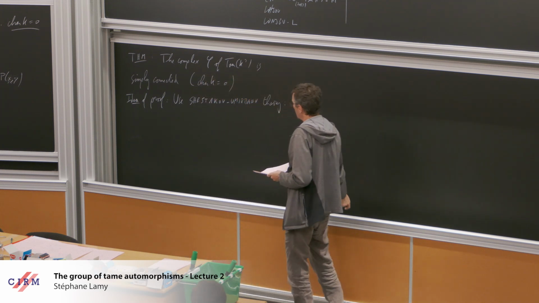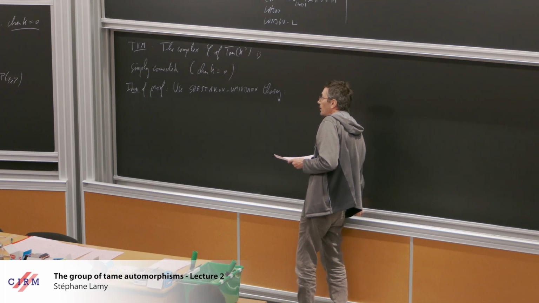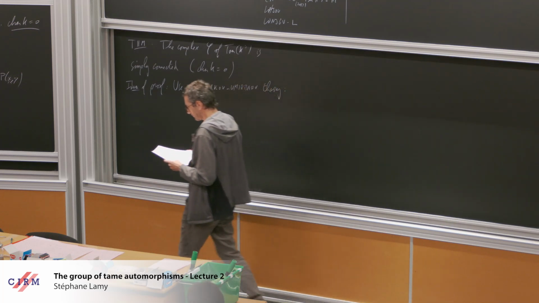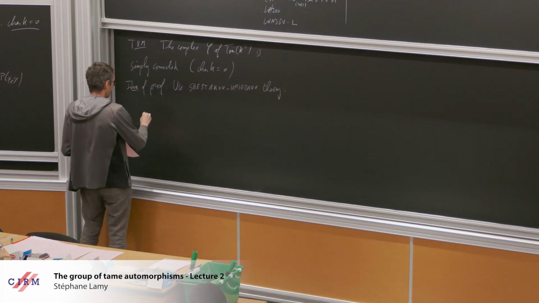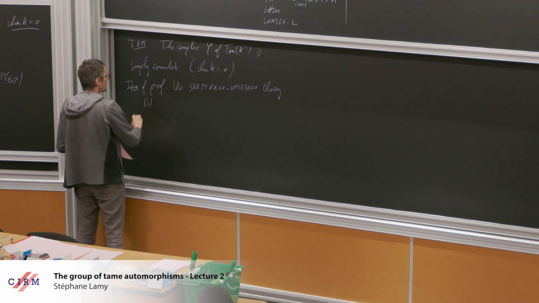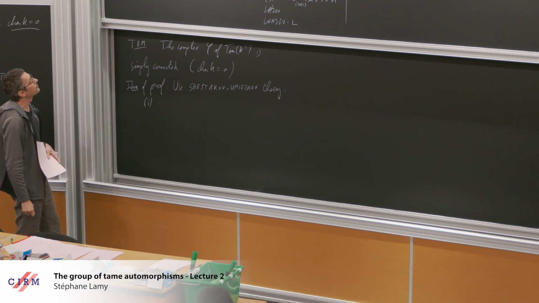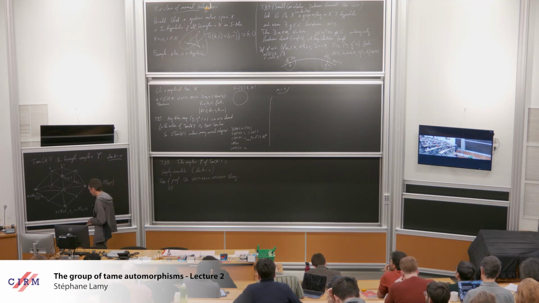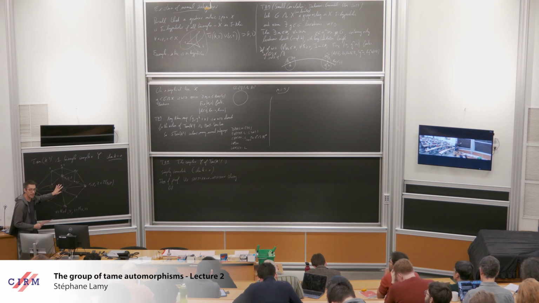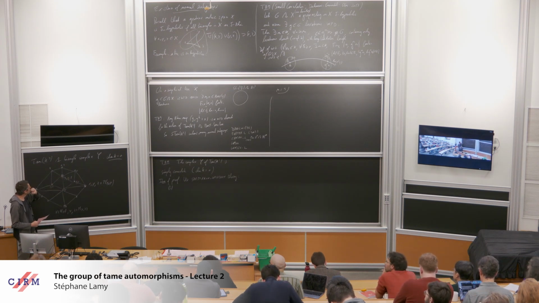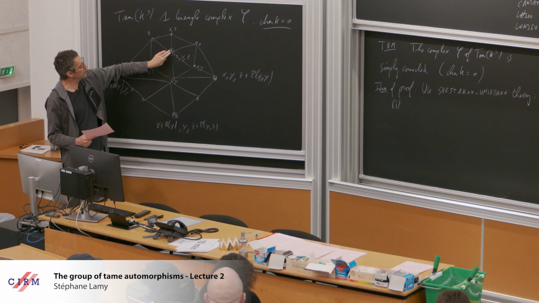Okay, so what do they prove is that, so first, you can prove that when you have a two-dimensional graph like that, a two-dimensional complex, it's interesting to look at the link of a given vertex.